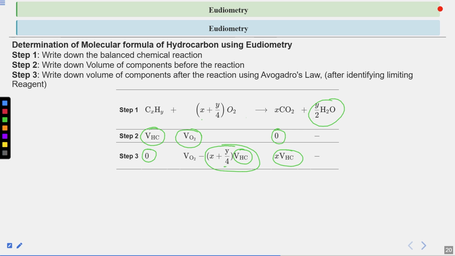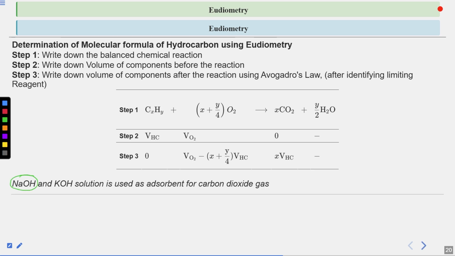Does anyone have any doubt with this table? Are you able to understand it? It's very simple, just try to memorize it. I have tried to put the complexity of the question simply in this table. Again, we will see the question to understand it in a much better way.